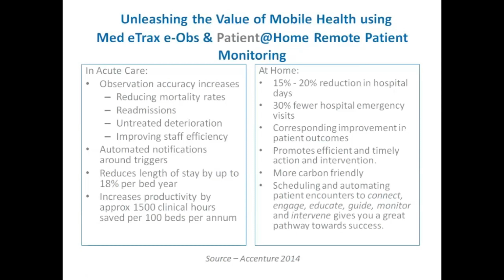Some of the sources here from Accenture show that there is a reduction in hospital stays by 15 to 20%. If you're monitoring patients at home, there's fewer emergency visits, so patients can be attended to in their own home, and we can intervene proactively based on the information that's being sent through to the clinical support team.